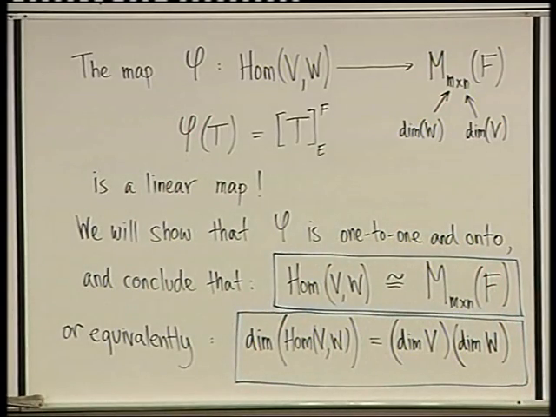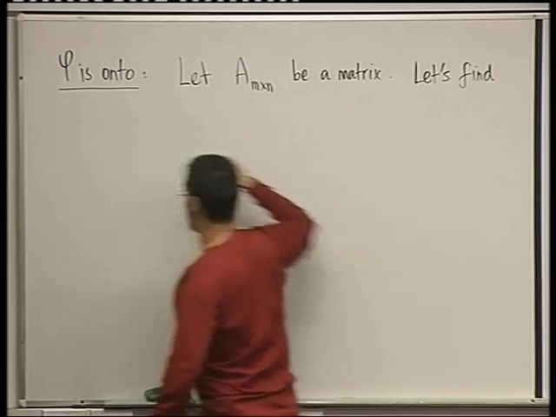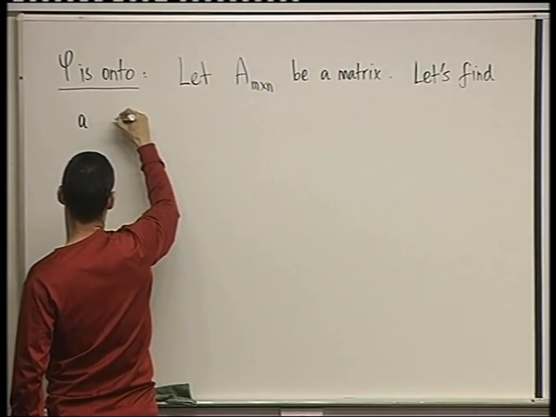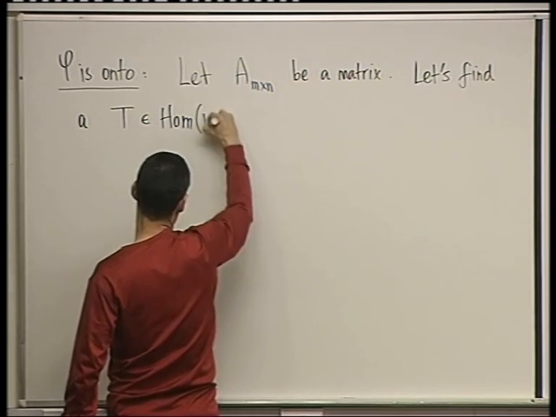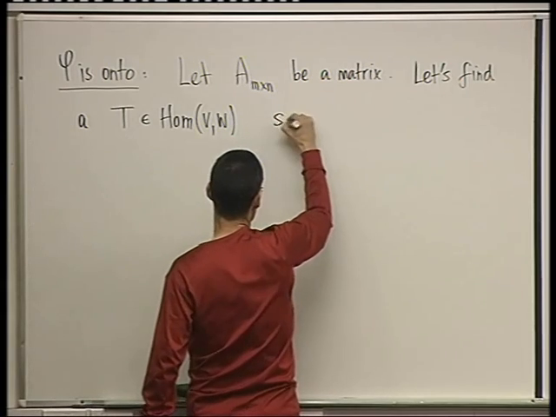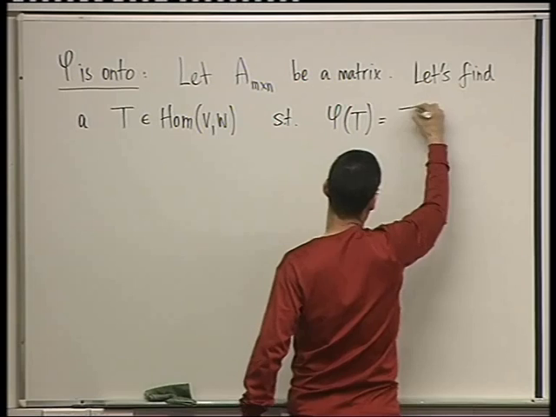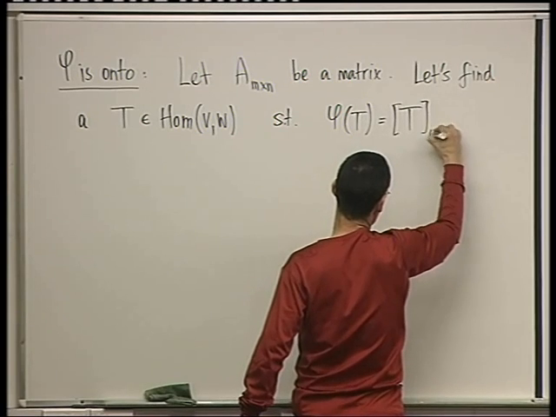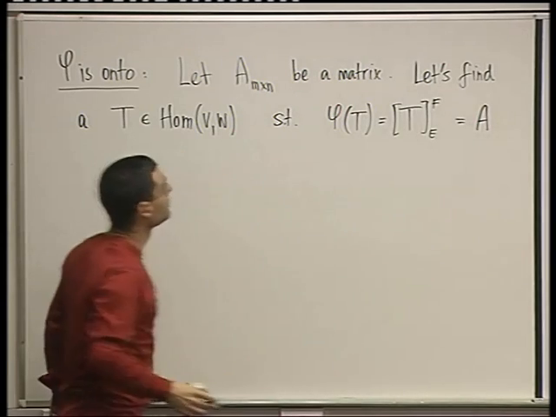So if we start with a matrix, let's find a linear map, T in Hom(V,W), such that phi of T, which is just the representing matrix with respect to these two bases, is A. Right?